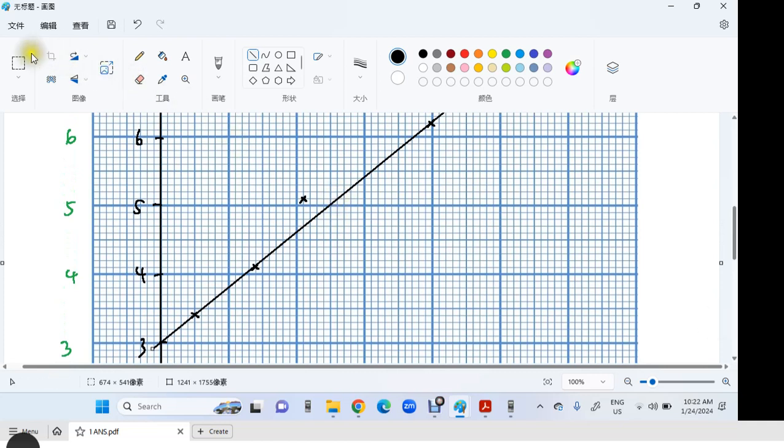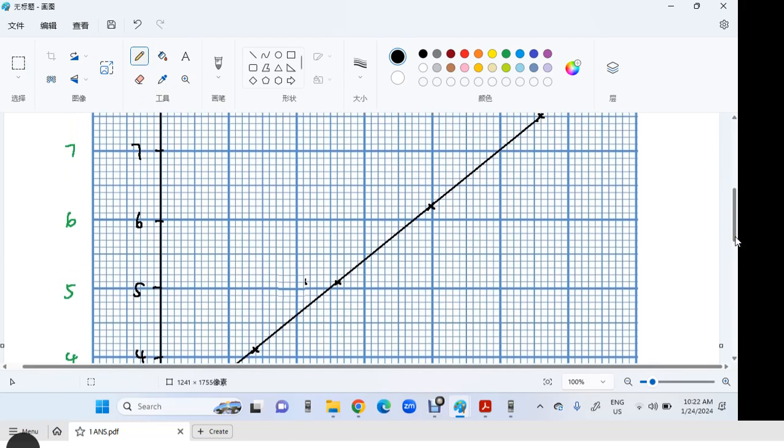Oh, I made a mistake here. So 5.2, 5.07 should be somewhere here.